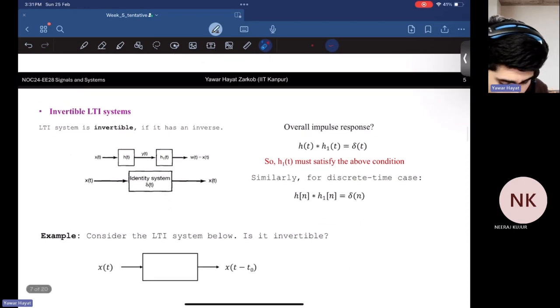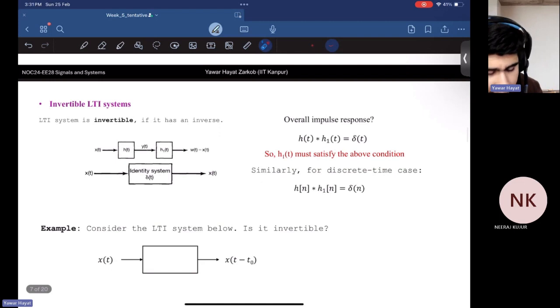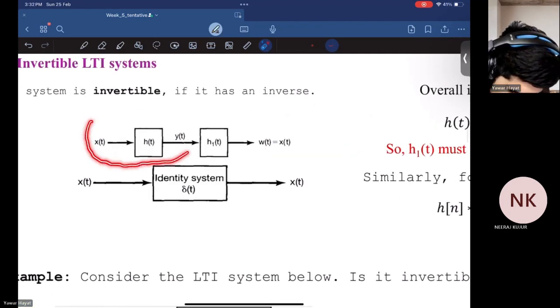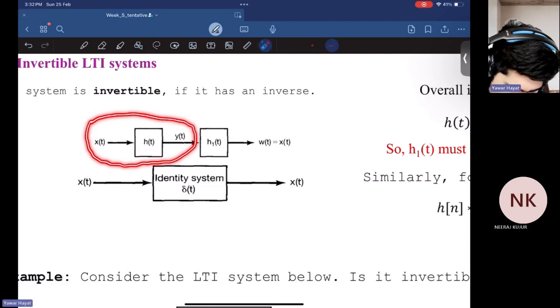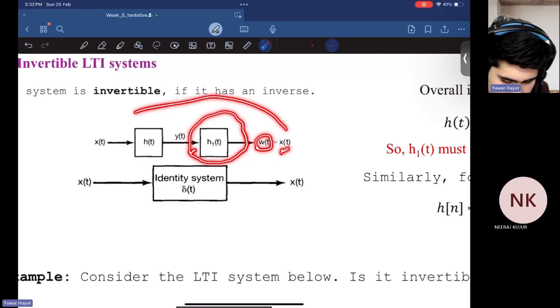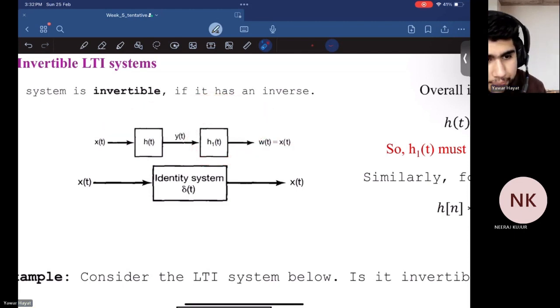So now invertible LTI systems. When is an LTI system invertible? If it has an inverse, right? Given a system, it is invertible if there exists an inverse system h1 of t such that the resulting output is again back this input.